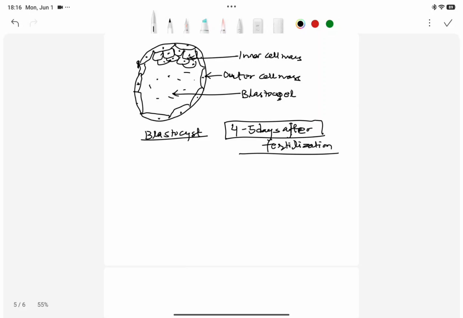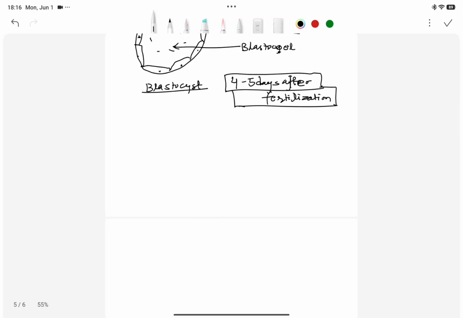At the 5th day after fertilization, there is a differentiation of the outer cell mass and inner cell mass. This outer cell mass forms the trophoblast, and this inner cell mass forms the embryoblast.